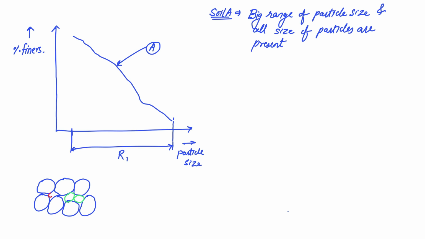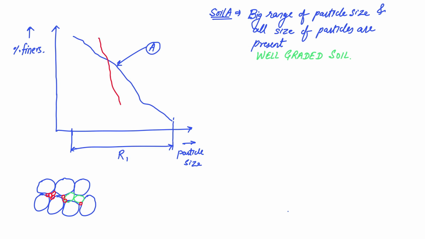In such a soil, even the smaller voids are being filled, and as all or most of the voids are filled, that soil is known as well graded soil. Why? Because the particle size is well distributed in this particular soil, and even the smaller voids are filled by the smallest particles.